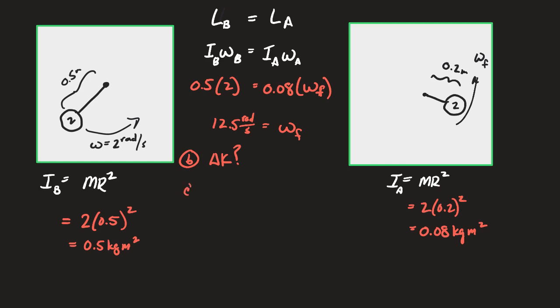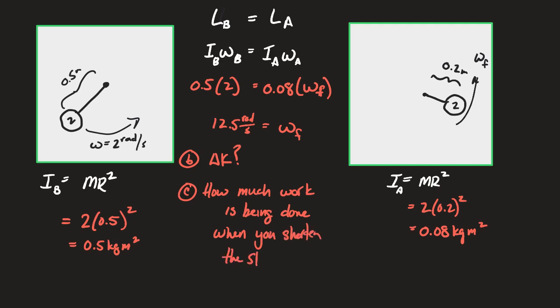I would probably ask it in version C, which was how much work is being done. That's probably what I would ask. How much work is being done when you shorten a string?